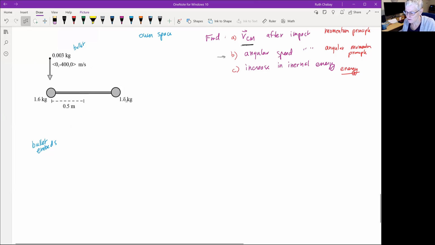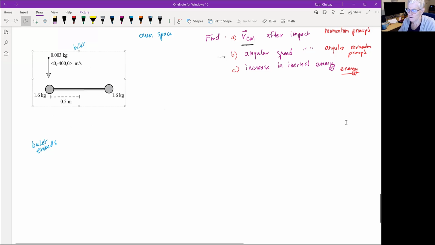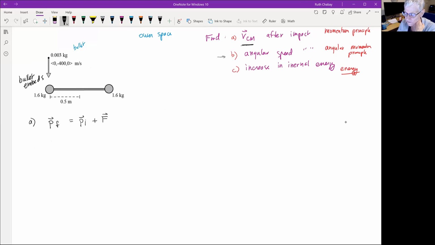So let's make this just a little bit smaller so we have a little more room to write here. Okay. So A, we want the momentum principle. So we say the final momentum of the system is equal to the initial momentum plus F net delta t. And what are we going to choose as our system here? Yeah, that's right.